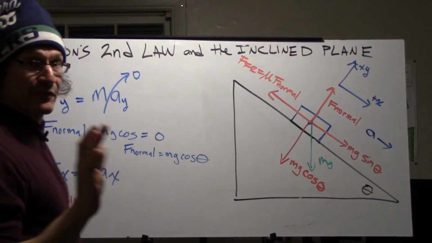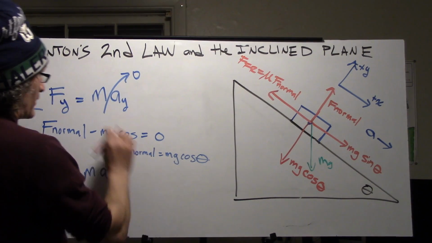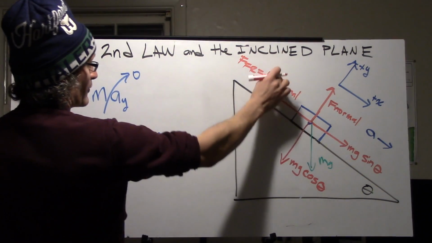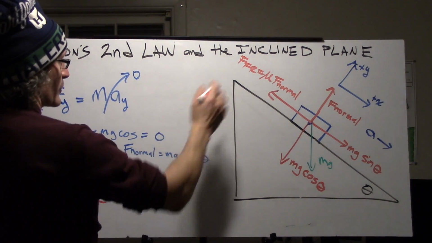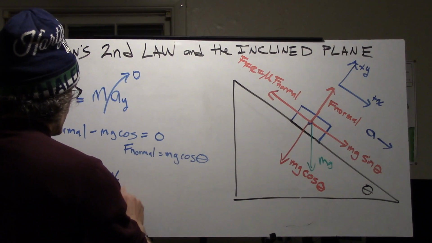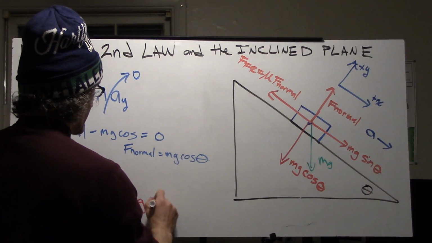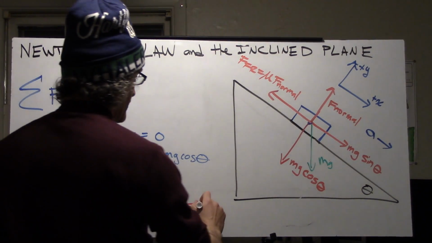Well, I'm going to make a substitution on the fly if you won't mind. I know that force normal from the y direction is mg cosine theta. So I'm just going to throw that up here and say that, okay, the negative force, the friction, is going to be mu times force normal, which is mg cosine theta. All right, and that equals max.